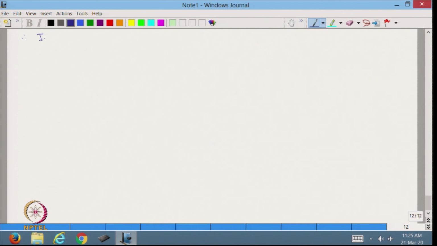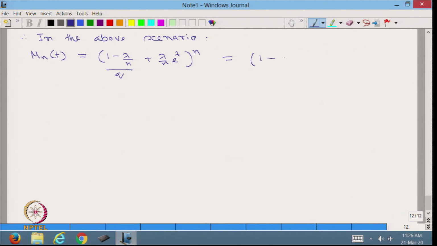Therefore, in the above scenario, M_n(t) is equal to (1 minus lambda by n, that is q, plus lambda by n e to the power t) whole to the power n, which is equal to (1 minus lambda by n into (1 minus e to the power t)) whole to the power n.